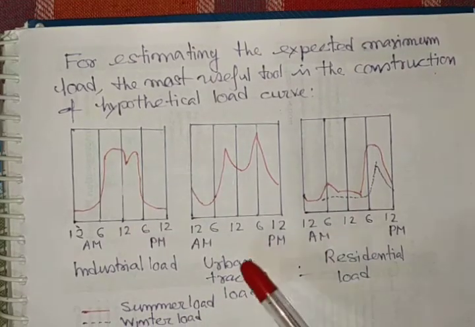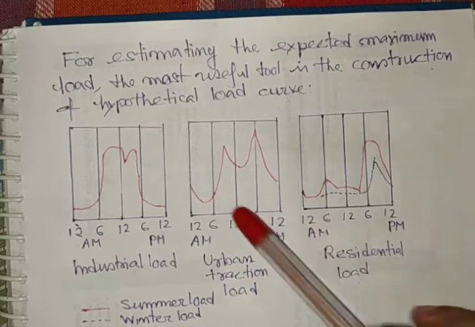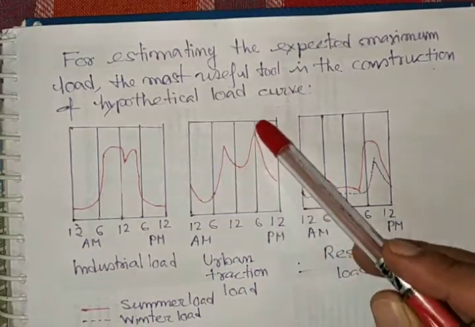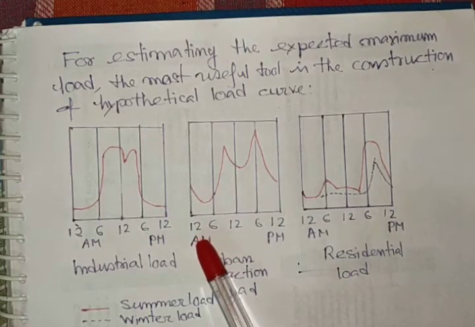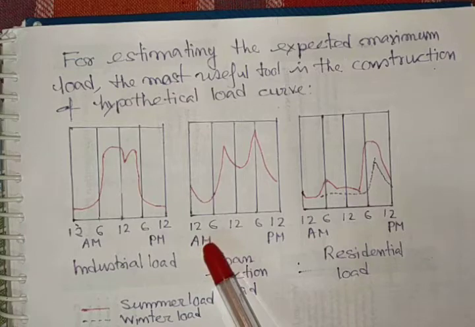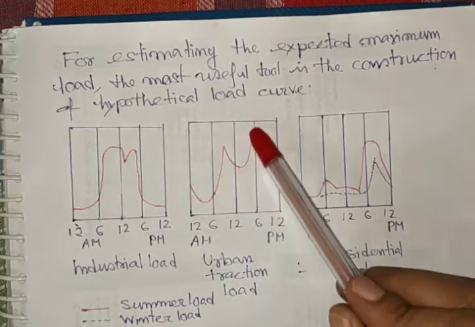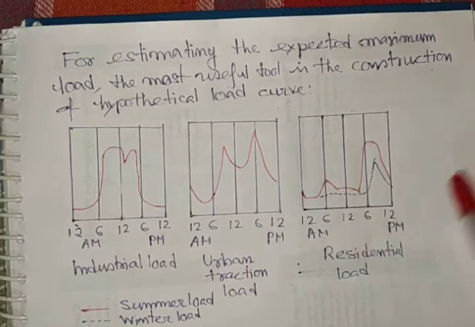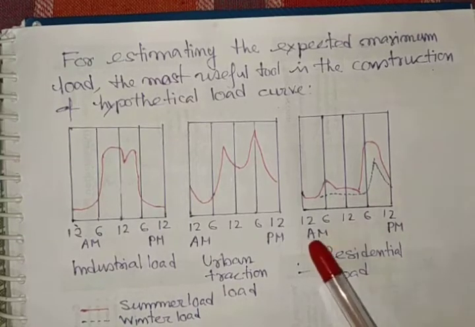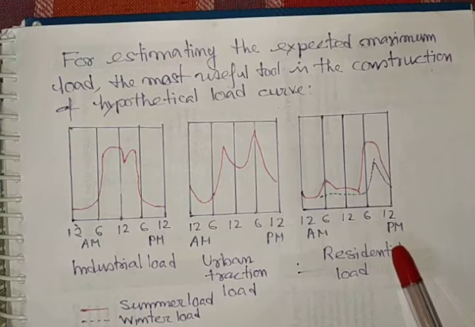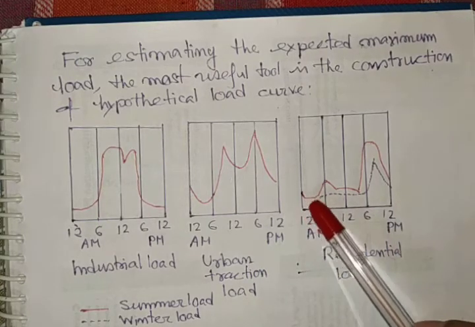Similarly, for an urban traction load, the distribution of power will be like this, from 12 a.m. to 12 p.m. at night. And here is a typical residential load from 12 a.m. to 12 p.m. at night. This is your red line.